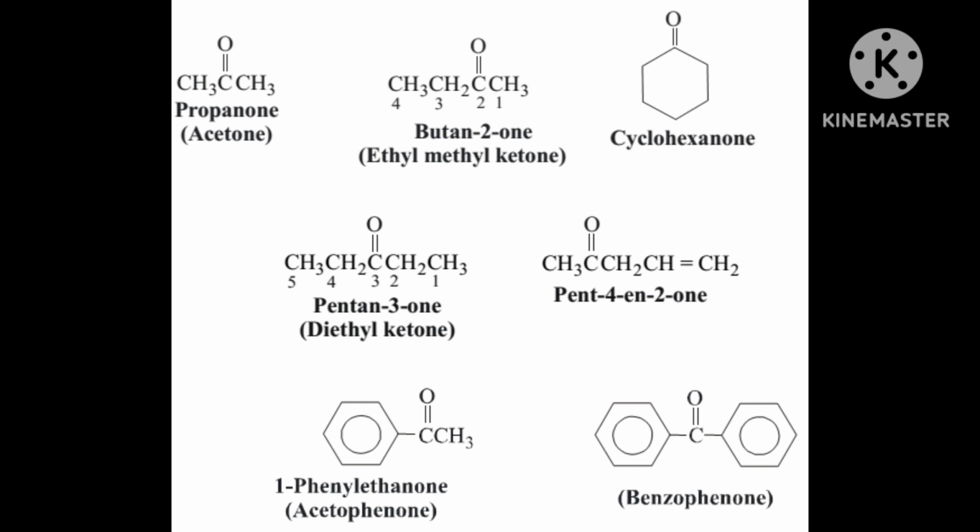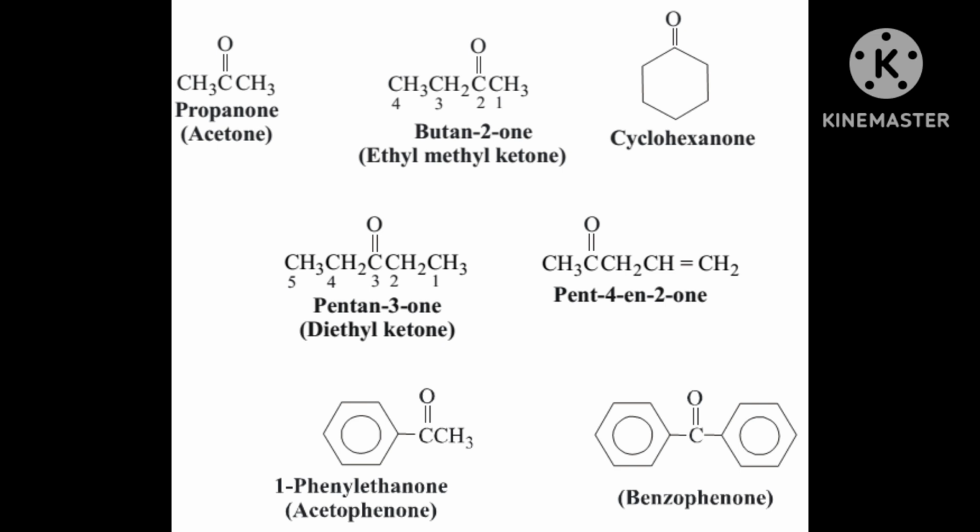The substituents are prefixed in alphabetical order along with numerals indicating their position in the carbon chain. The same applies to cyclic ketones, where the carbonyl carbon is numbered 1.